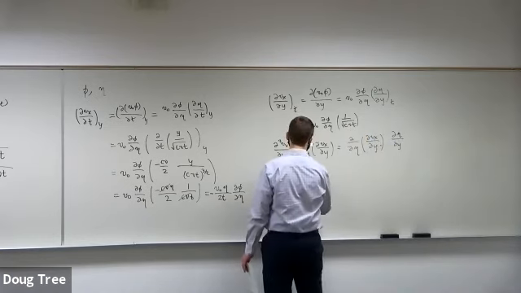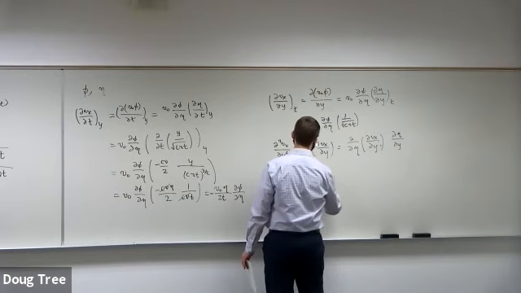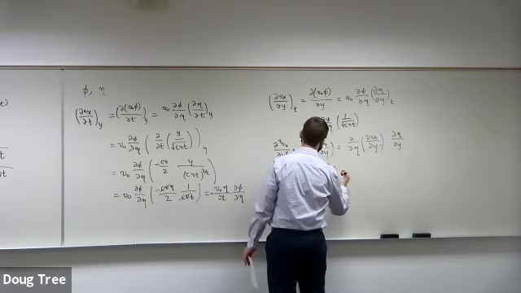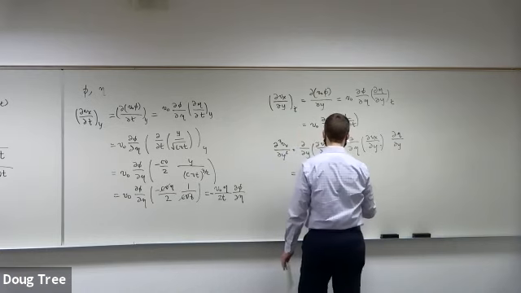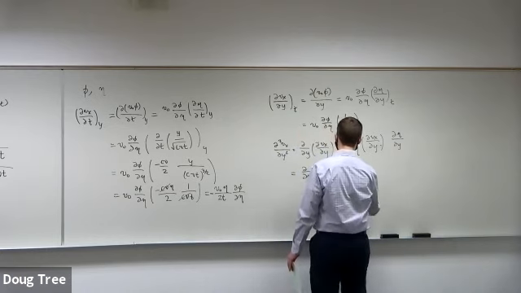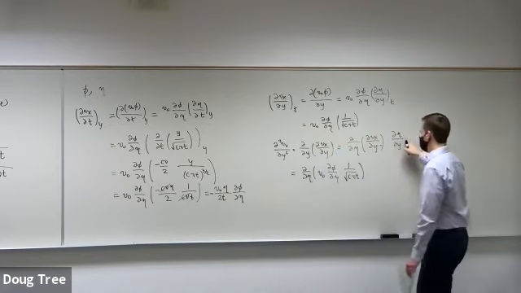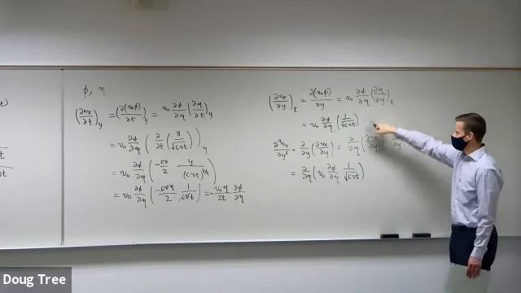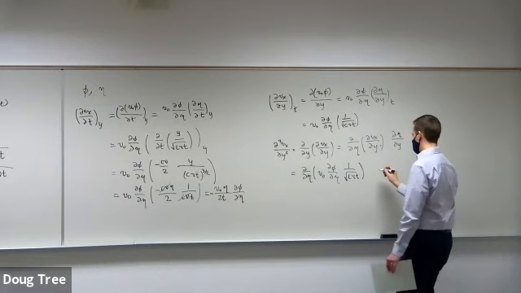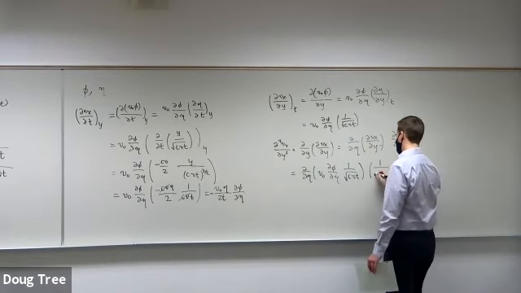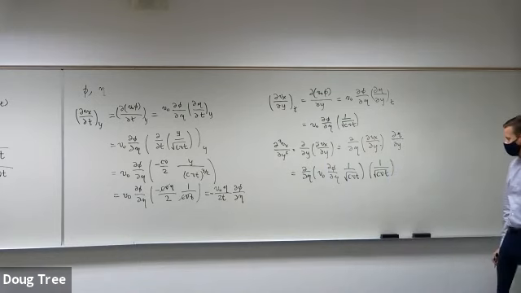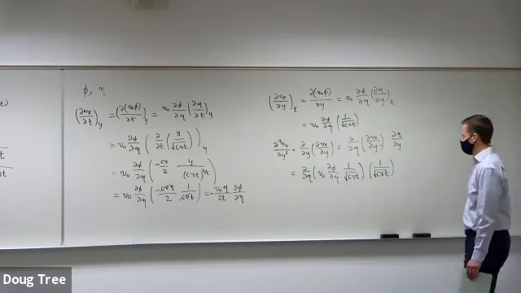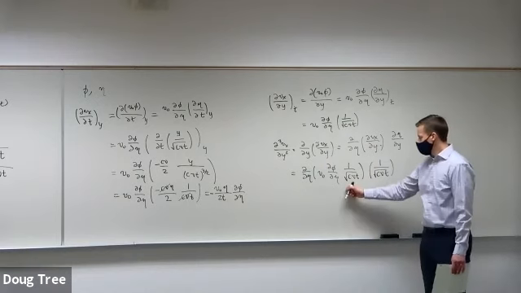And I have d eta of v naught d phi d eta, 1 over the square root of c nu t, multiplied by d eta dy. Well, I just did the d eta dy, right? For that part right there, that should give me another factor of 1 over the square root of c nu t.